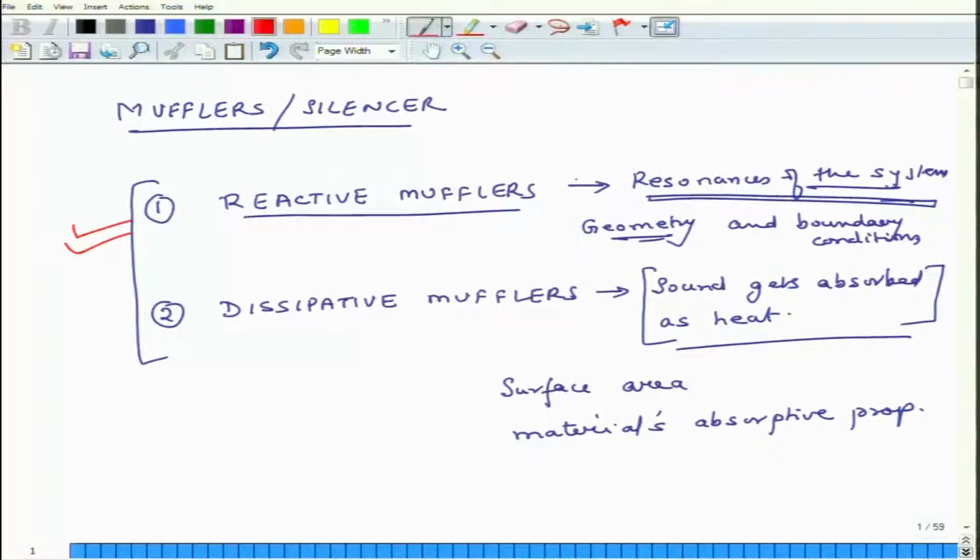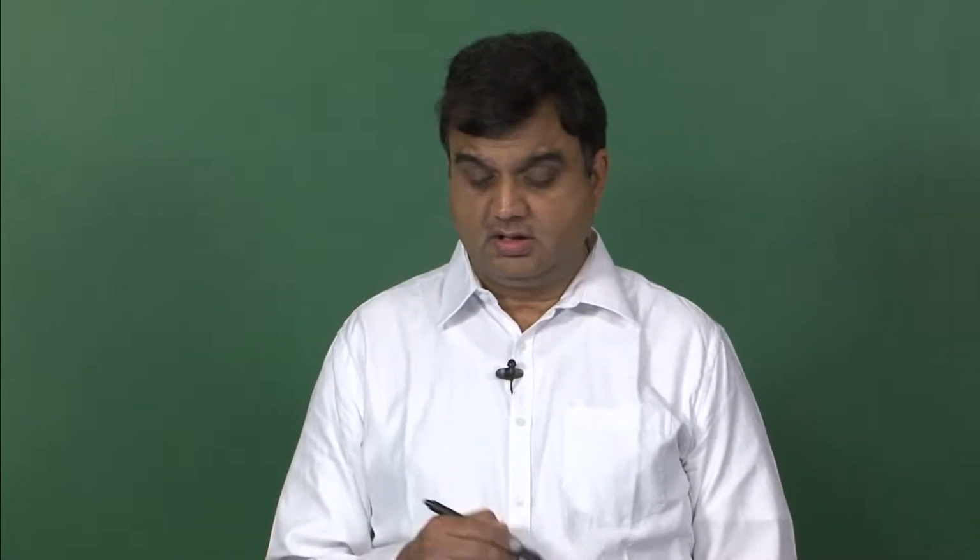The most common application which we come across very frequently is in case of cars and motorcycles and automobiles and scooters and so on and so forth, where there is a lot of noise which gets emitted by the engine, and because that noise is centered around very specific frequencies, we use reactive mufflers which are designed in such a way that those specific frequencies are suppressed by the reactive muffler.